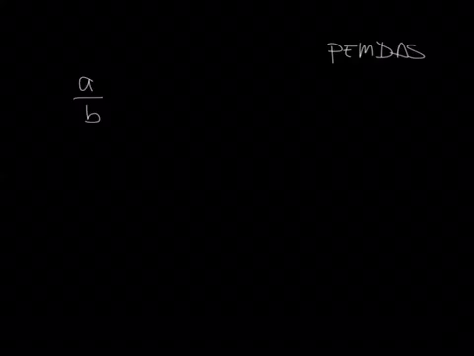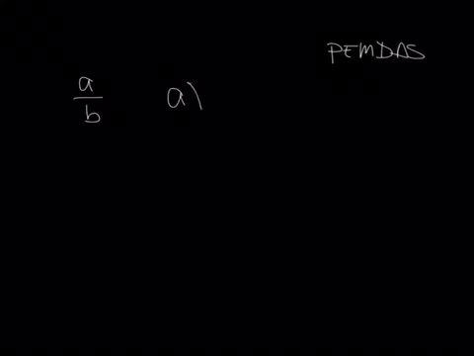The ratio of A to B is a division. Ratio means A divided by B. A into B looks like that, or it looks like that.